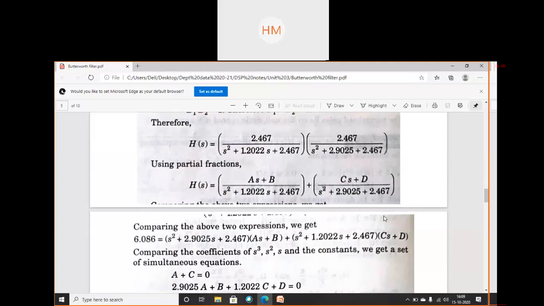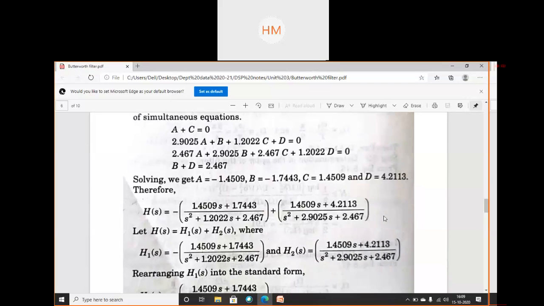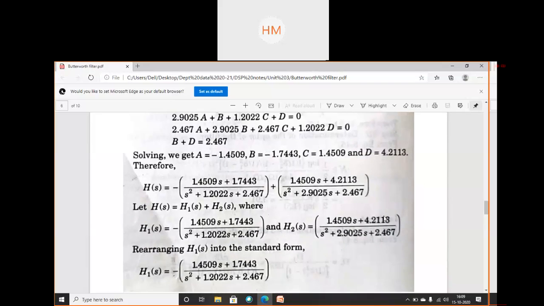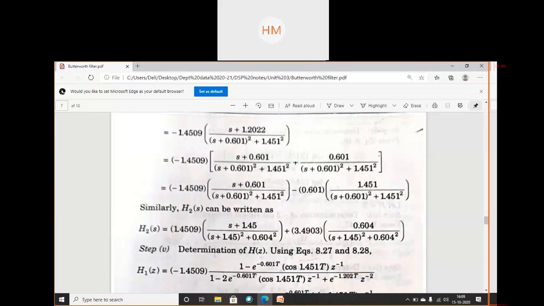This was complete. All the designing steps, A, B, C, D coefficients you have calculated. Then again we have written H of S. Then rearranging H1 of S into standard form, H2 of S into standard form. And then, so we have completed this numerical.